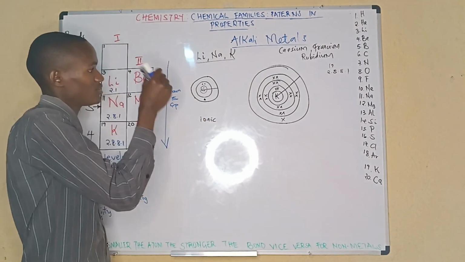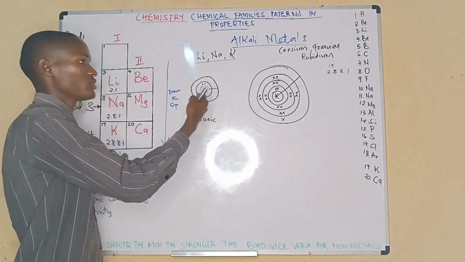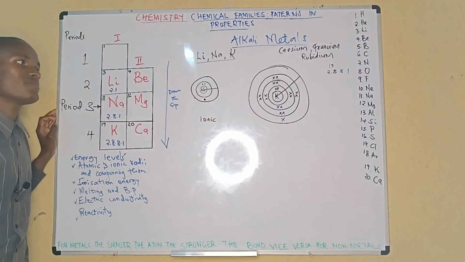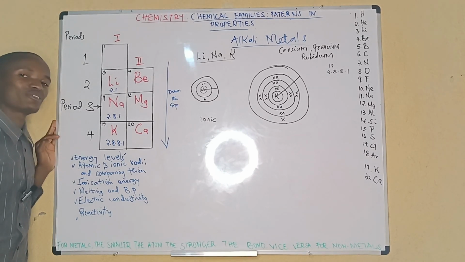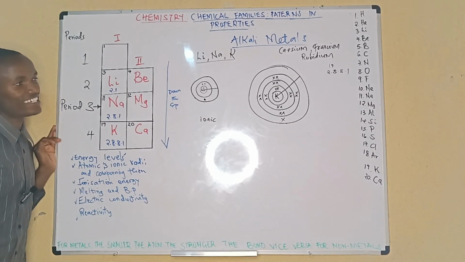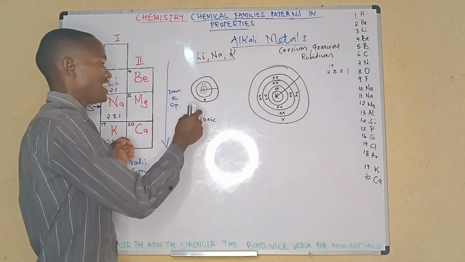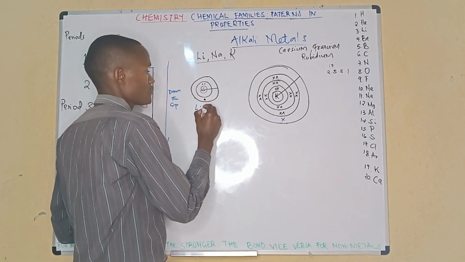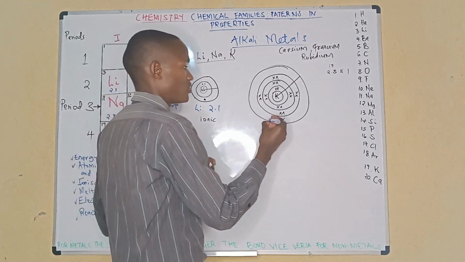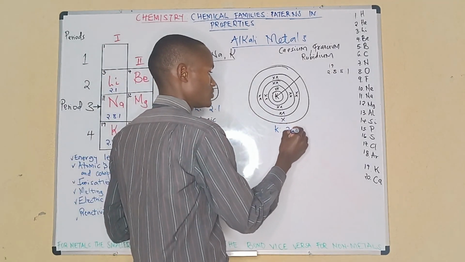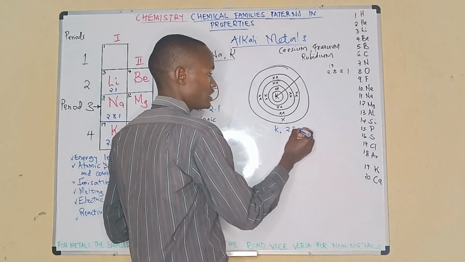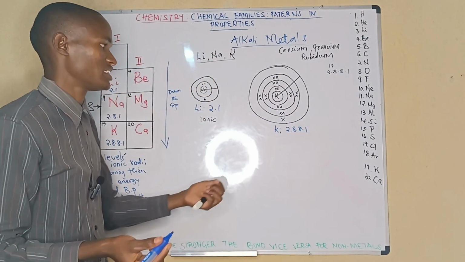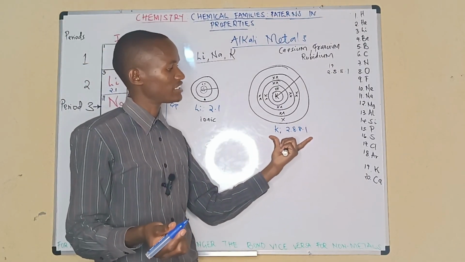But in this case, lithium and potassium and also the rest of group 1 elements form ions by losing electrons. We can agree on that, since they only have one electron in the outermost energy level. Lithium has a configuration of 2,1. Potassium has 2,8,8,1. For it to form an ion, it must be electrically stable.